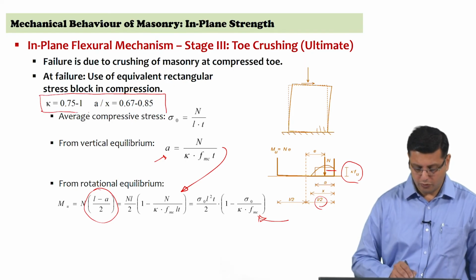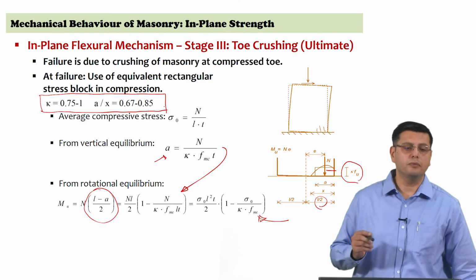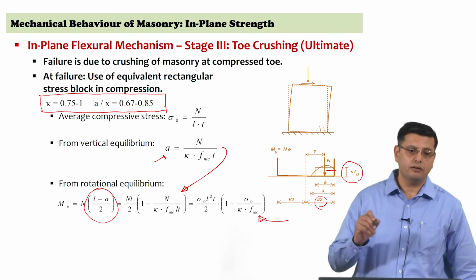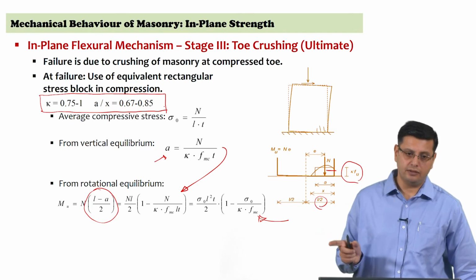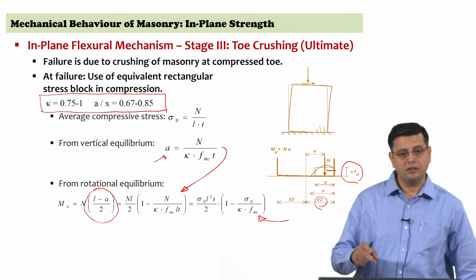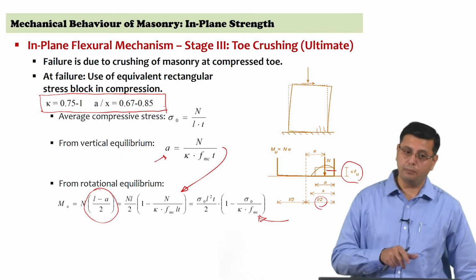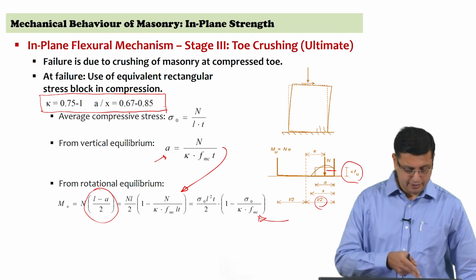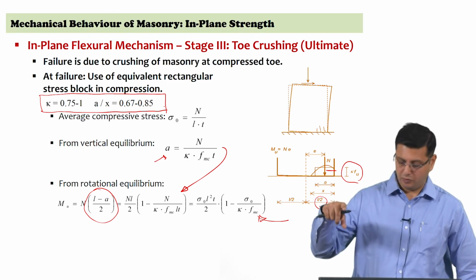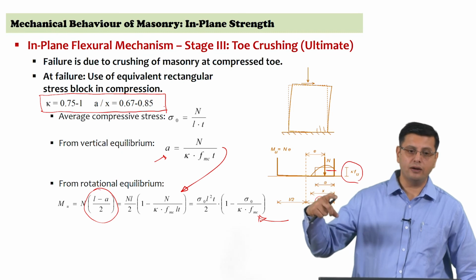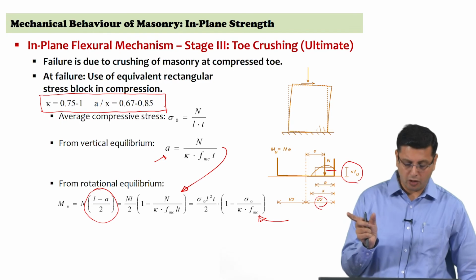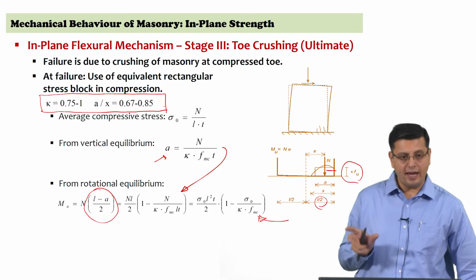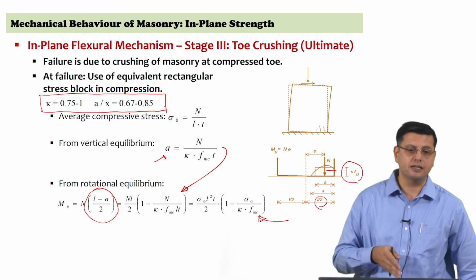The values given here are used to equate the parabolic stress distribution to an equivalent stress block, and research suggests that the size of the stress block, which depends on the type of masonry that you are looking at, can have values ranging from 0.75 to 1 of fmc as the height of the stress block and the width of the stress block as a ratio of A divided by x between 0.67 and 0.85.